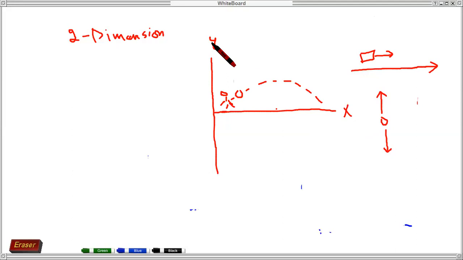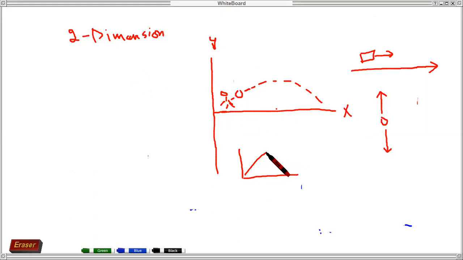At every point, you need to find the x component and y component for acceleration, for velocity, for speed. Let's suppose we have a diagram of just velocity like this one.